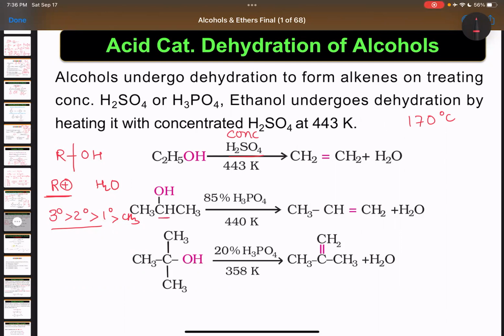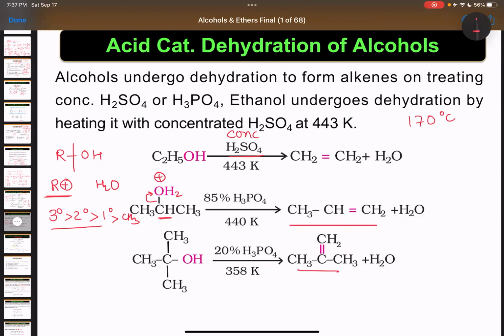The tertiary alcohol is going to dehydrate more easily because the H plus will come to the OH and form OH2 plus. It will come out as water. A cation is formed, and from the cation, the H plus is removed, and that leads to the formation of an alkene. So that's how the elimination occurs.